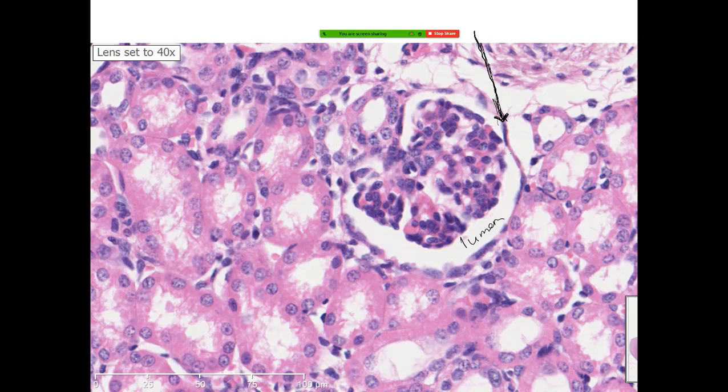How many layers is this? Well, take a look at this. How many layers is this epithelial tissue? It's just one layer. Okay, so your next question is, what is the shape of these cells here? And they look pretty flat, to me at least. So that's going to tell you, okay, now I know this is a simple squamous epithelial tissue. Okay.